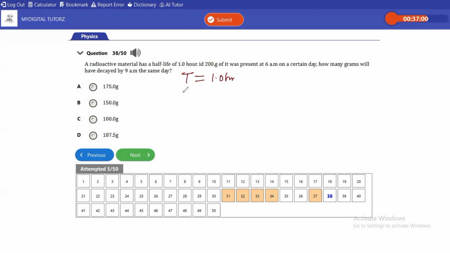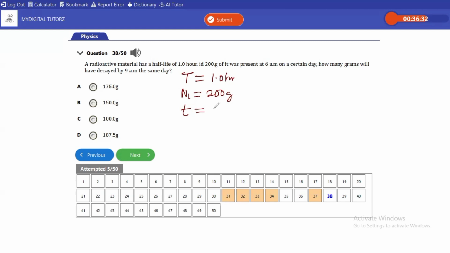So the initial number of atoms present, call it N1, is 200 grams. Please take note. So if it was present at this particular time on a certain day, how many grams will have decayed by 9 a.m.? So now we are looking for time of decay, small letter t, which will be equal to the difference from 6 a.m. to 9 a.m. That is 3 hours.